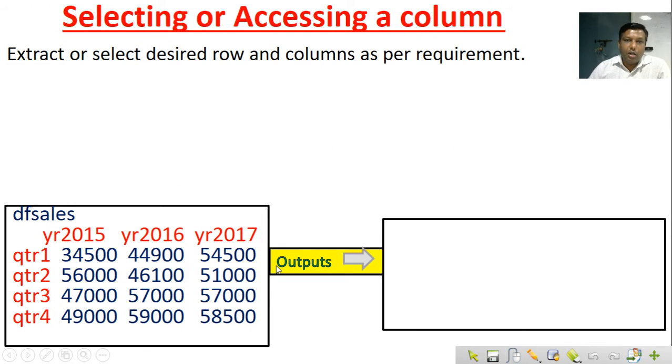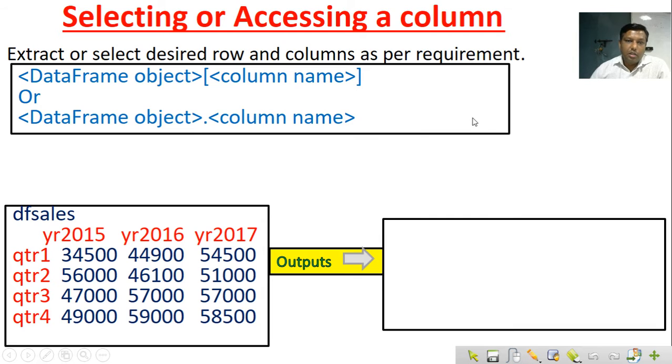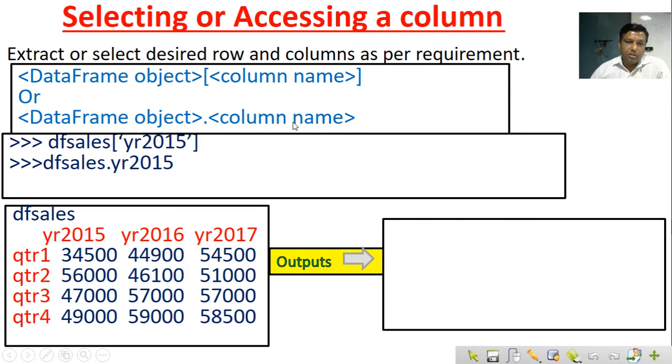Here, selecting or accessing a column: how can we extract or select the desired rows and columns as per requirement? We write the DataFrame object, then the column name in brackets, or dot column name. So for the DataFrame df_sales, we can write the column year 2015.